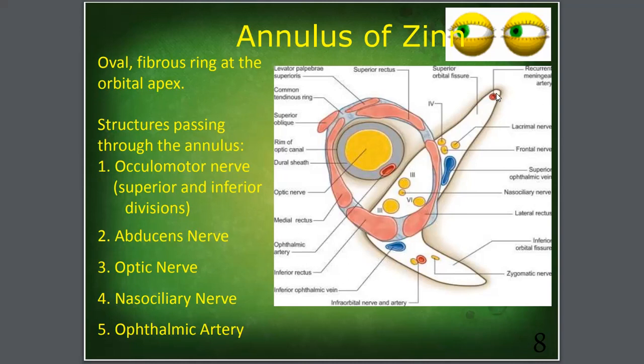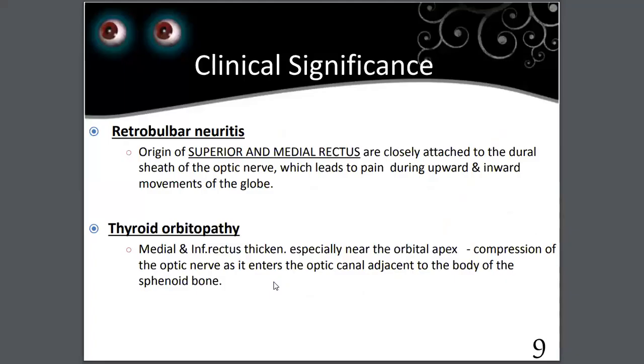These are the contents as you see in the form of L. The contents of the superior orbital fissure are a 3 marks question. Please practice these contents, if not the diagram at least.